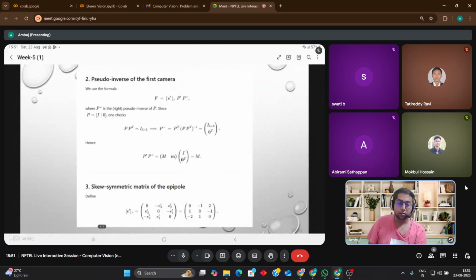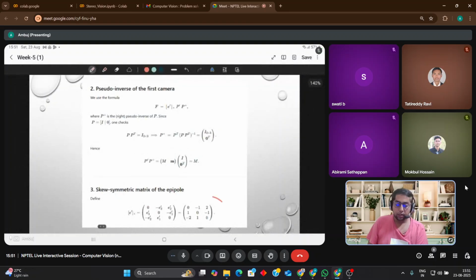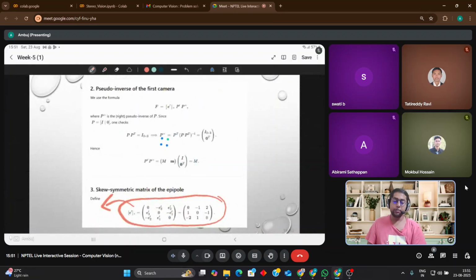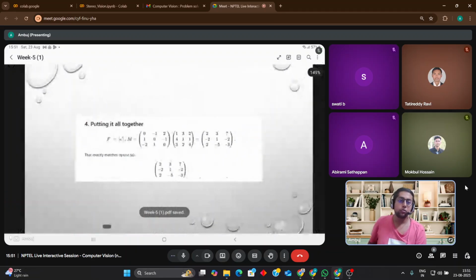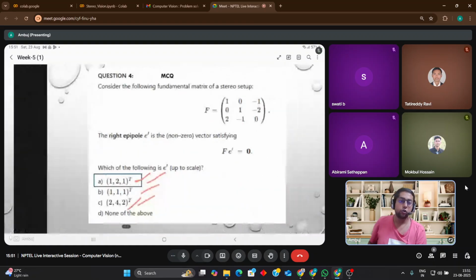If E1, E2, E3 are given, then this is the skew-symmetric matrix. Jot down this relationship directly. In case E dash or a coordinate has been given to you, you compute the skew-symmetric matrix. Fundamentally, you would be able to do it and get to the correct option.